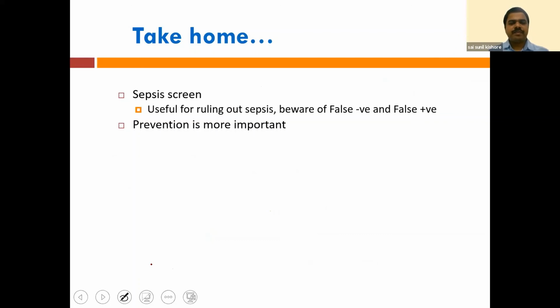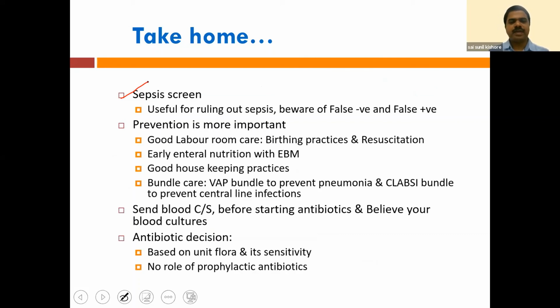Some of the take-home messages from my talk on sepsis: septic screen is useful for ruling out sepsis, and you should be aware of false negatives as well as false positives. Prevention is more important, which we discussed just now, all these 4 practices. Always send blood culture before starting antibiotics, and you have to believe your blood cultures.